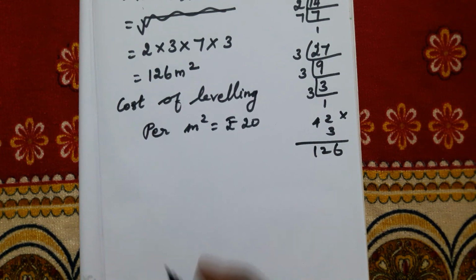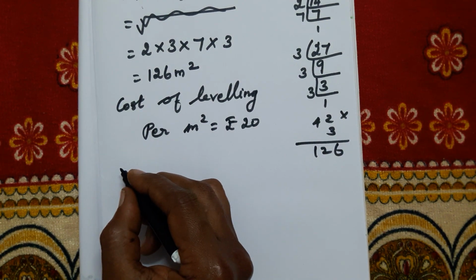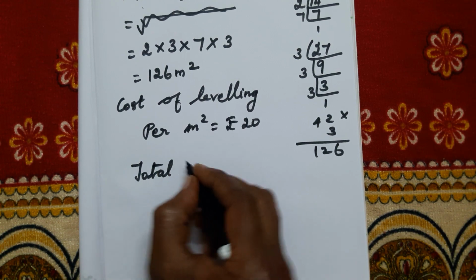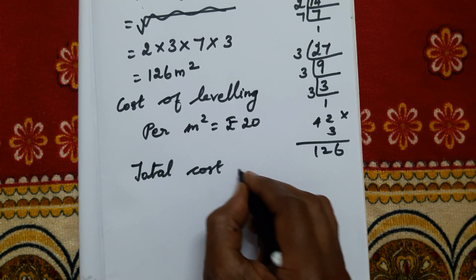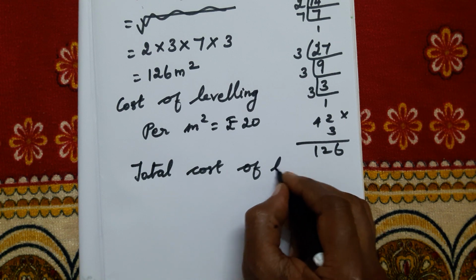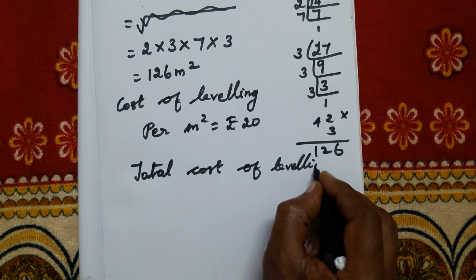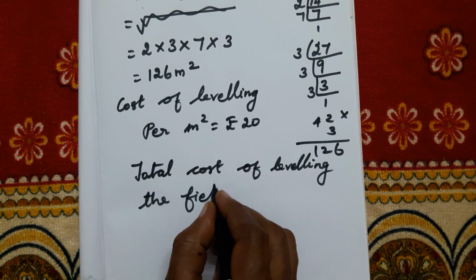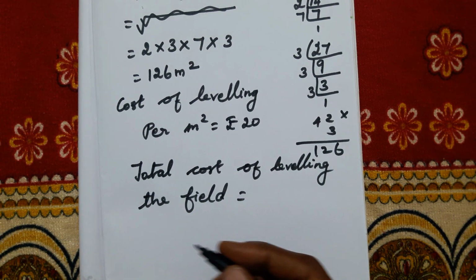We want to find the total cost of leveling. So the cost of leveling per square meter is equal to rupees 20.